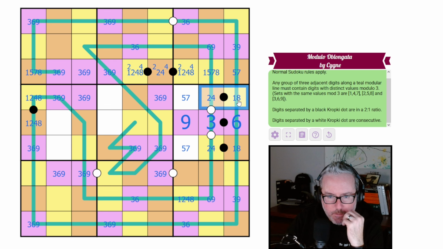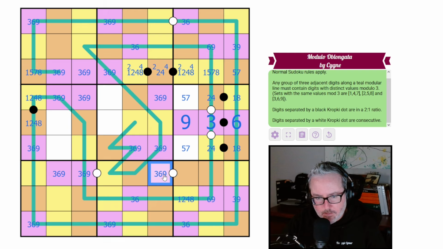Whatever happens to be left over. But that again doesn't tell me anything. What about you? You can't be a 6. Is that helpful? Because of the 5, 7.